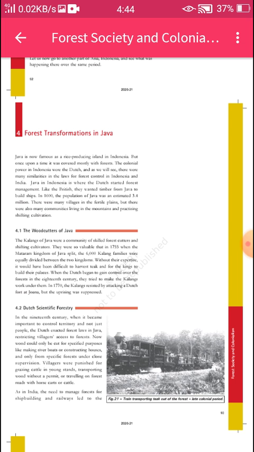This system was called blandongdiensten. The forest villages worked for small wages, but they did not have the right to cultivate forest land, which was restricted for the Java people, the community under the Dutch government.